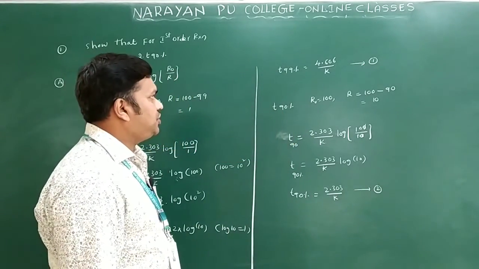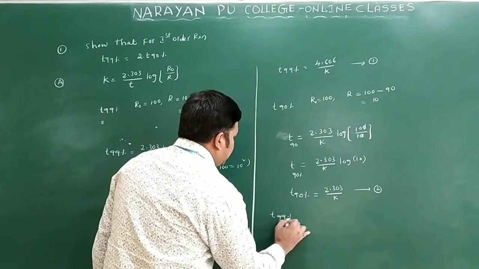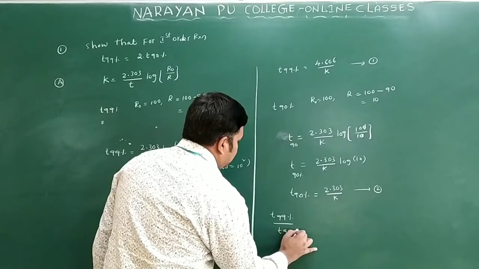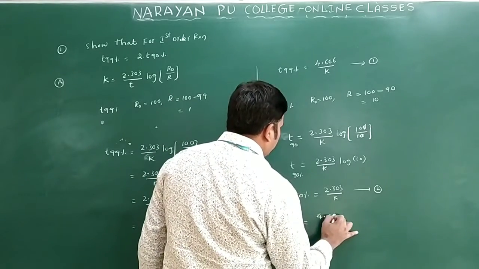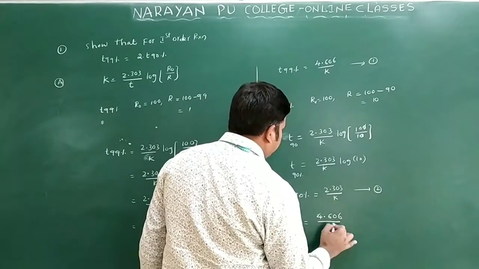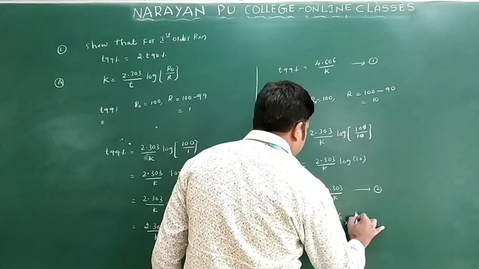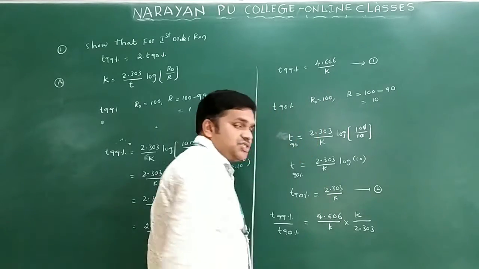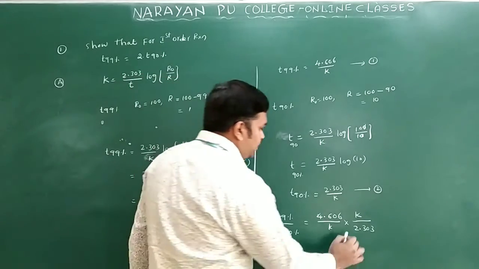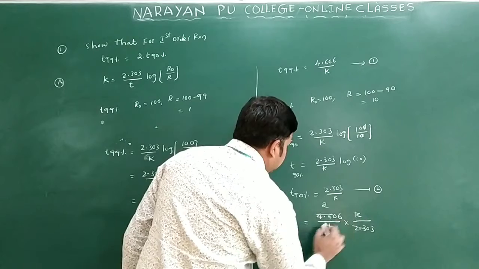So you will take equation 1 by equation 2. What can you get here? T 99% by T 90% is equal to 4.606 by K into K by 2.303. So 2.303, two times cancel, K and K cancel.